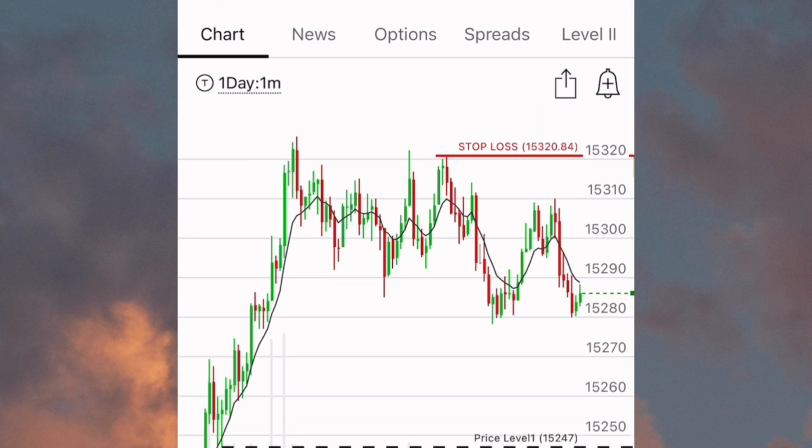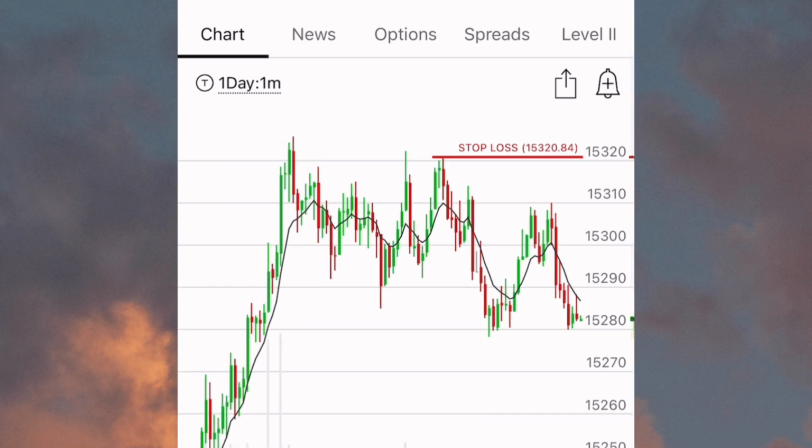So on the screen recording, I'm talking about how I anticipated it to create those relative equal lows, and I'm waiting for that violent move to push through it.